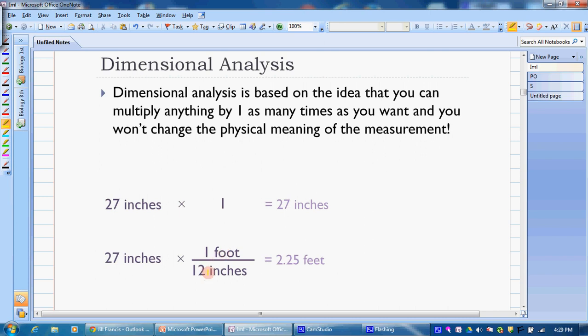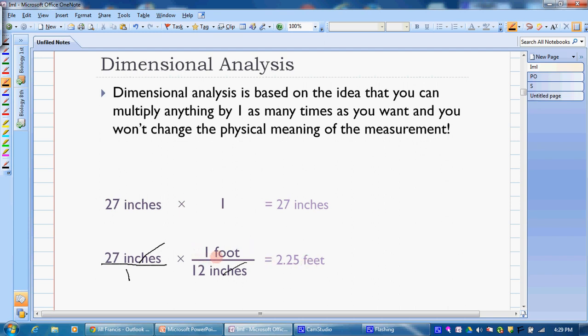Then this is the bottom of our fraction, so we take our 12 inches and divide by 12. We have a factor on the top and on the bottom that will cancel out, and that is the label. If you have inches on the top of the fraction and inches on the bottom of the fraction, this is just like writing this over 1. So these will cancel each other out. 27 times 1 is 27. 27 divided by 12 gives us 2.25 feet.